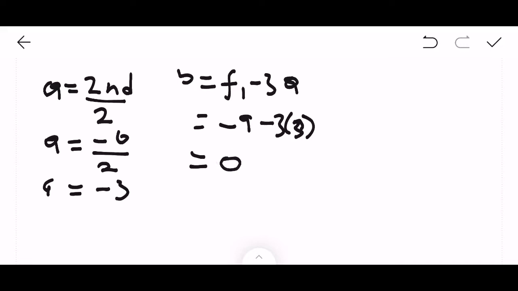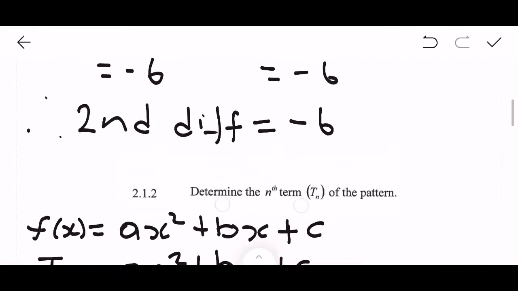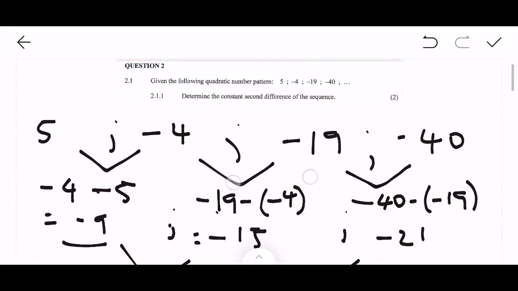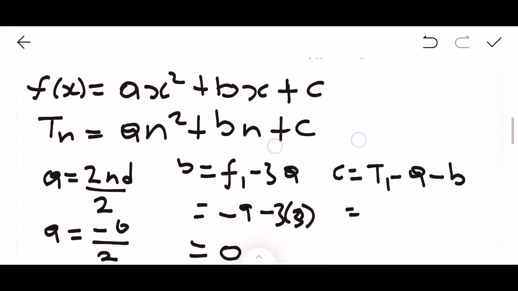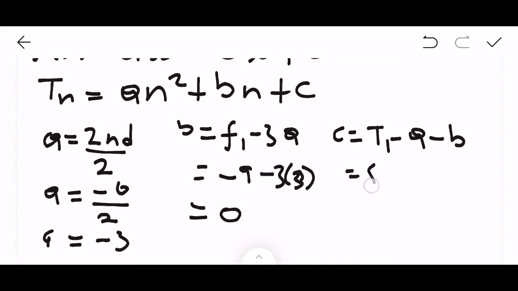And now for c equals the first term, which is T1, minus a minus b. T1 from our pattern is 5. So we have 5 minus a, which is minus 3, minus b, and b is 0.